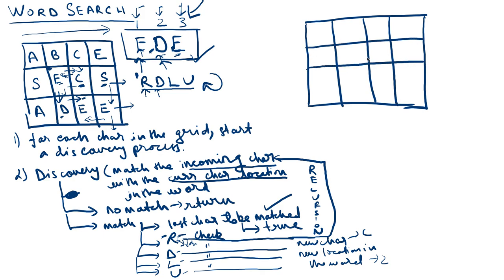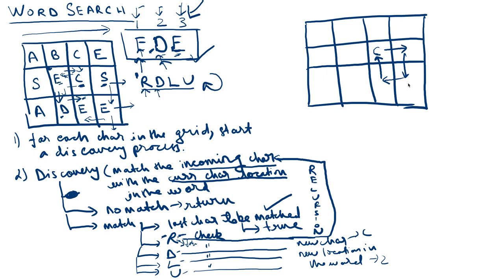Now, one thing you have to take care of is that while traversing and doing the discovery process, if you are at this location, for example, it is possible that you traverse from here to here, and then from here to here, and from here to here, and then you again risk entering this location which you have already visited. If you enter into this loop, you can go around this place forever and you'll not be able to come out, and you'll not be able to search your word.